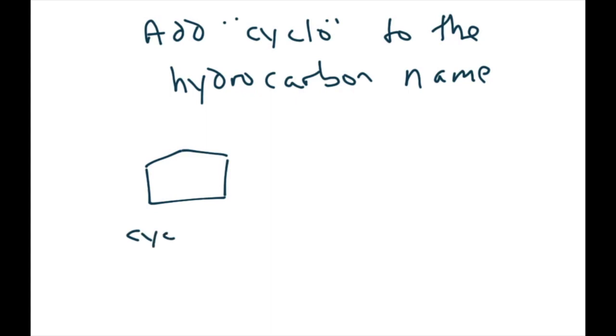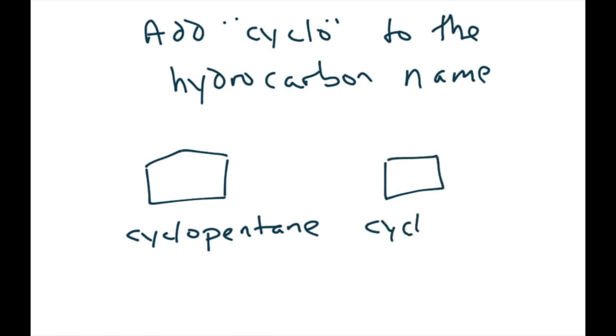So this is going to be cyclo because those carbons are arranged in a ring, and pentane because there are 5 carbons. This would be cyclobutane: in a ring, 4 carbons.